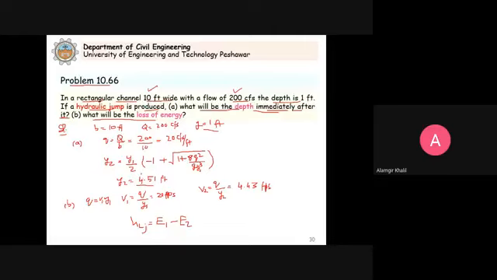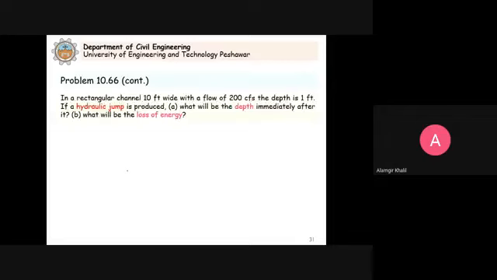Clear? This is simply equal to E1 minus E2. So this HL due to the hydraulic jump will be equal to Y1 plus V1 square divided by 2G, minus Y2 plus V2 square divided by 2G.